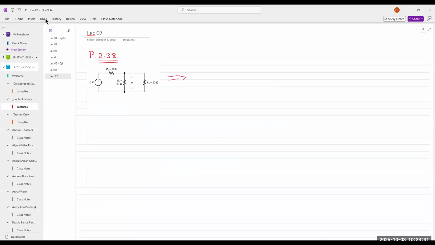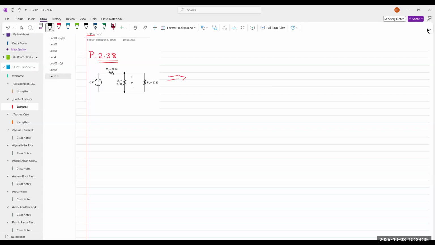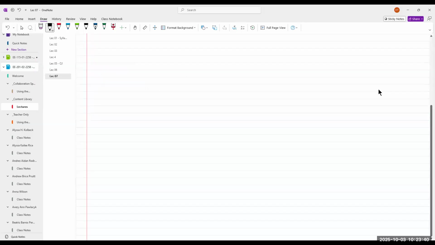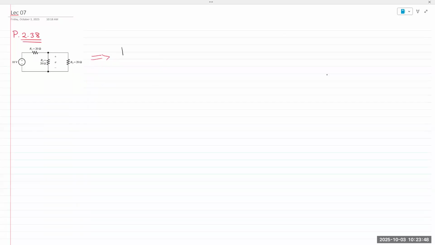So all we need to do is combine R2 and R3 in parallel. I'm going to call it R4. R4 is equal to the parallel combination of R2 and R3.